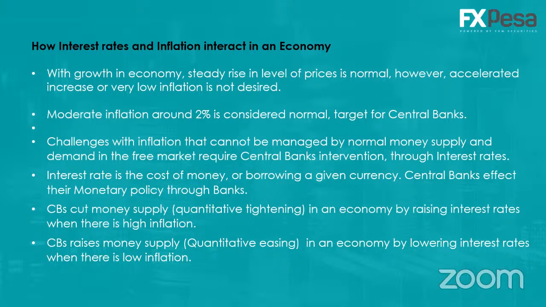That is the event where there is low inflation and they're trying to excite the economy or improve the level of activity in an economy. So all this is tied to economic growth, and slow economic growth. So that's how interest rates and inflation interact.